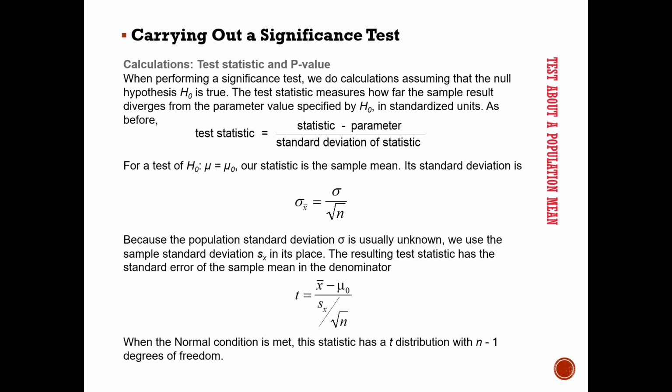We do x bar minus mu null, divided by S sub x, which is the sample standard deviation, divided by root n. And again, the reason we use S sub x rather than sigma is we don't know sigma, so we approximate with the standard deviation of the sample. When the normal condition is met, meaning what we proved on the last slide, this statistic is going to have a t-distribution with n minus 1 degrees of freedom. I'm sure you guys remember that.